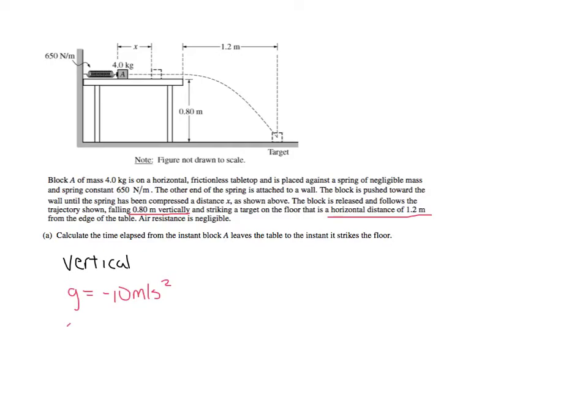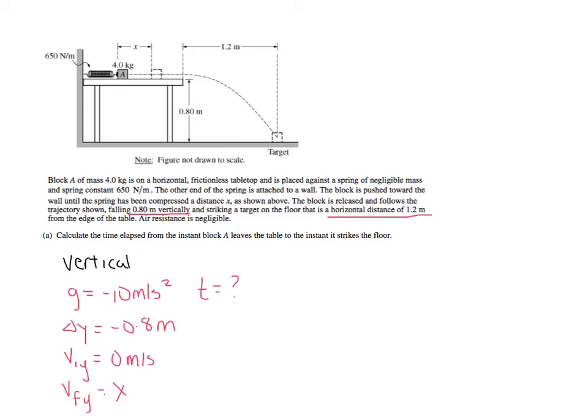We also know that its displacement in the y direction is negative 0.8 meters, and its initial velocity in the y direction is 0 meters per second. We don't know its final velocity in the y direction, so we're not going to use that, and we are looking for the time.